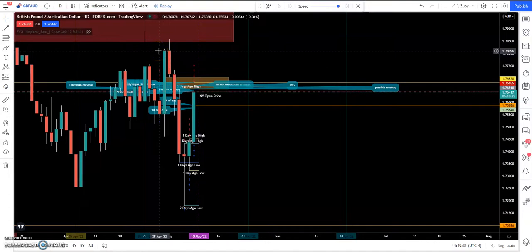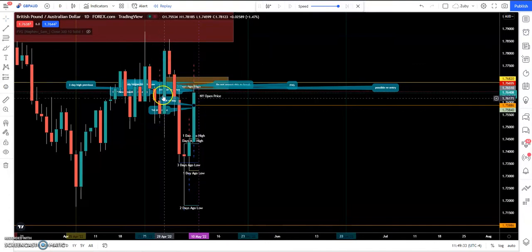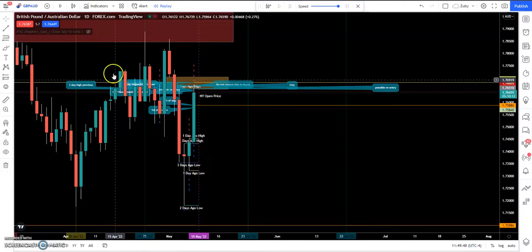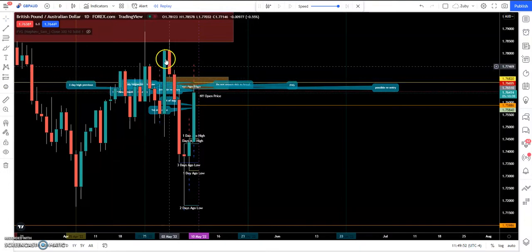The middle point of this green candle, which was broken, the 50% of this green candle is the yellow line. Just in case when I go into a smaller time frame you don't know what that line is, that is what the yellow line is. It's the 50% of this candle.